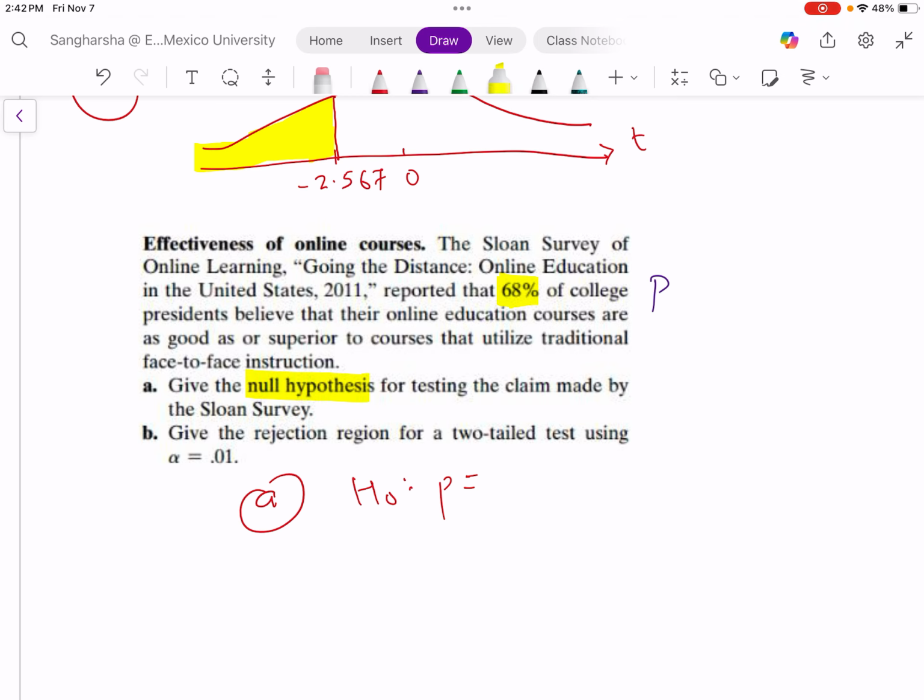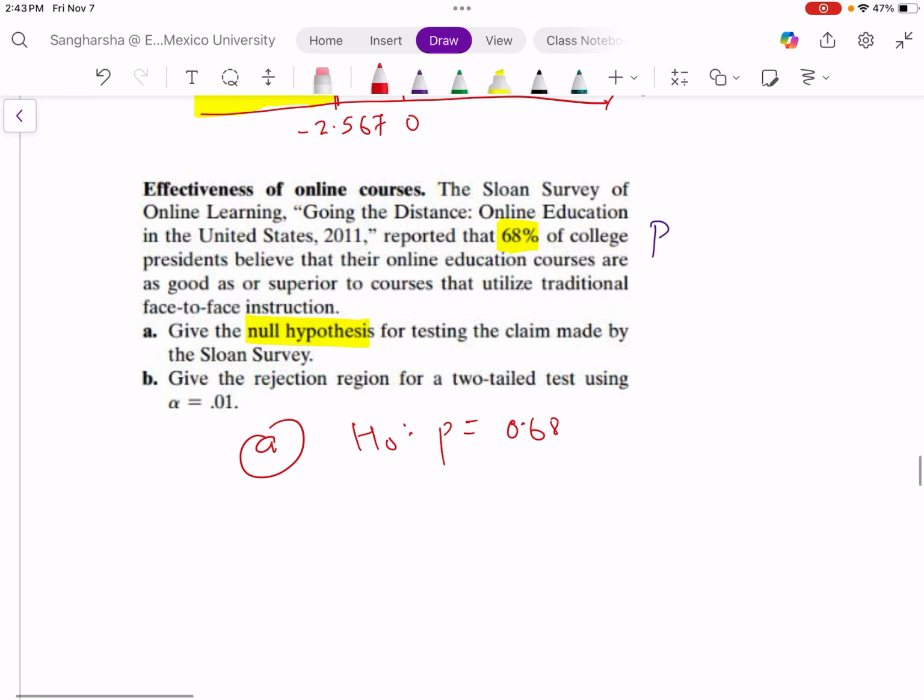The claim is that 68% of the college presidents believe their courses are as good as or superior to courses that utilize traditional face-to-face instruction. So P equals their claim, 68%, which is 0.68. So this is our null hypothesis.